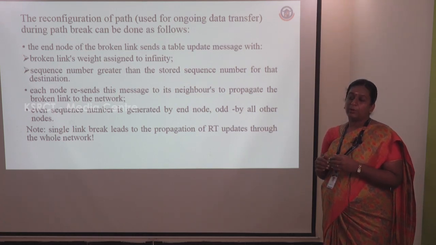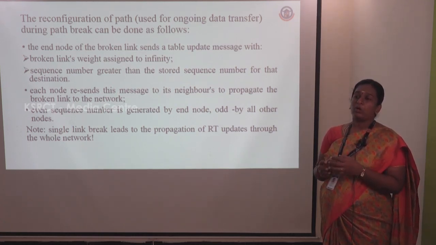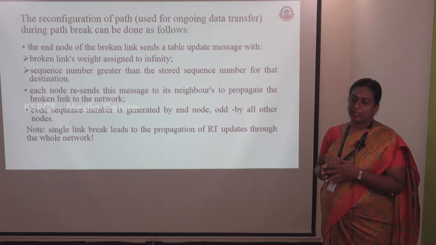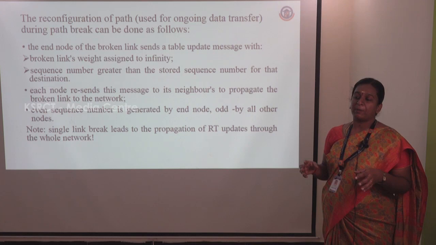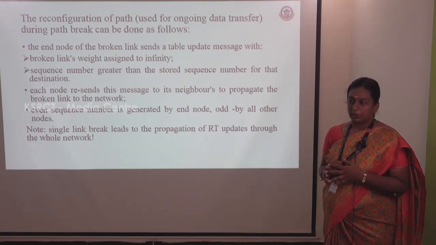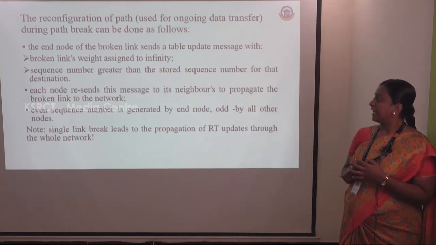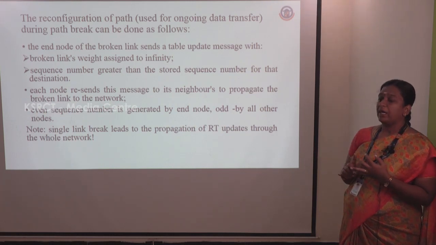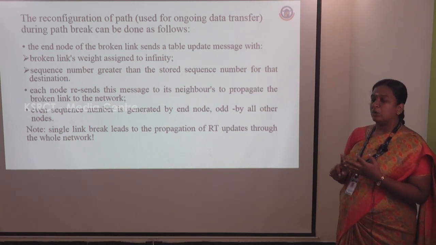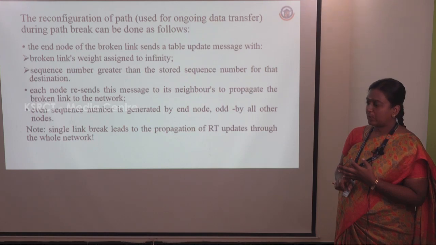So the particular broken link should be intimated to all the nodes present in the network. It can happen by broadcasting this updated routing table to the neighbor nodes. Here the even sequence number is generated by the end node, whereas other nodes can generate the odd sequence number.